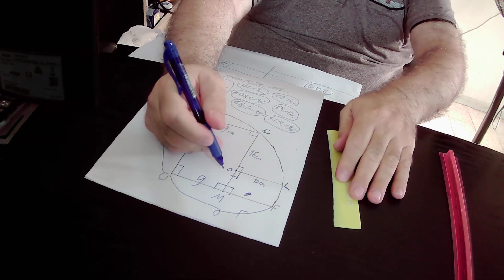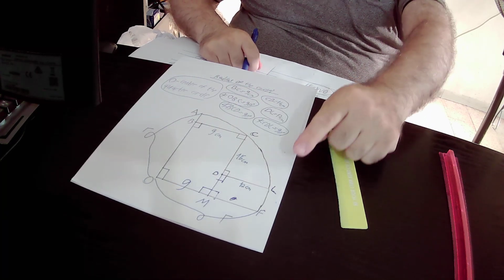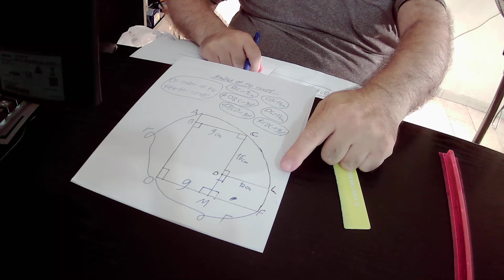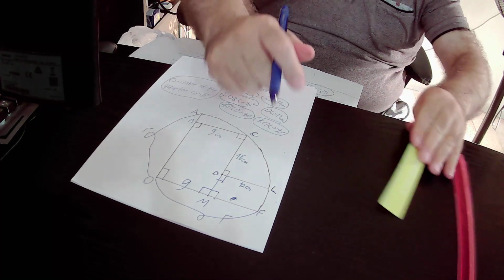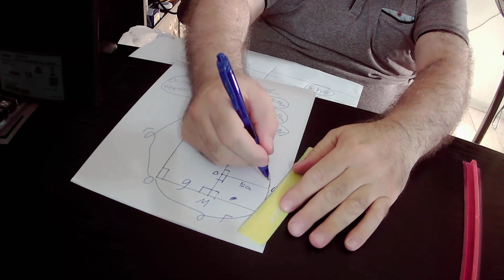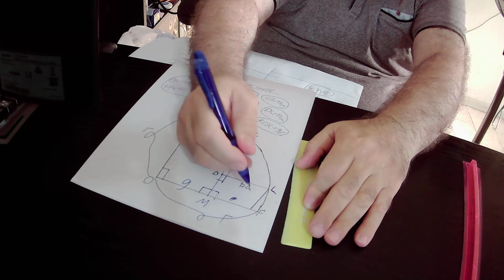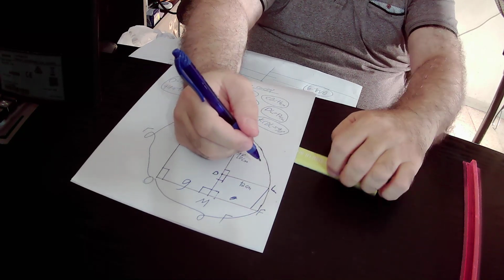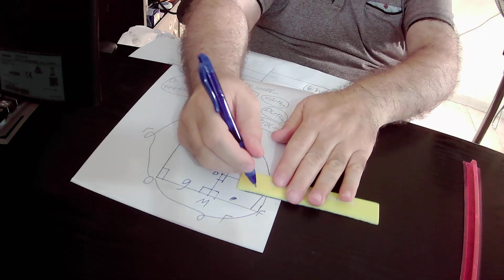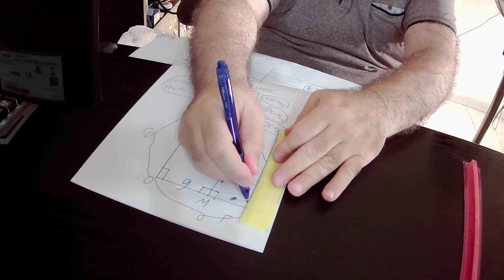So in the next step, we do a construction from point L. We draw a perpendicular on the radius OF. So here, this angle equals 90 degrees according to our construction.